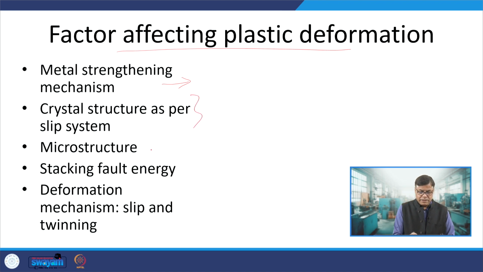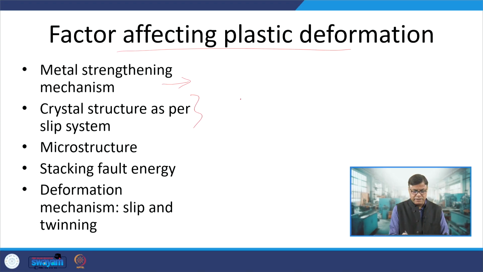Crystal structure is another important aspect because it affects the ease of deformation significantly. Why? Because different metals show different types of crystal structure due to the variation in arrangement of atoms. The most common crystal structures are body centered cubic, BCC, FCC, and HCP.